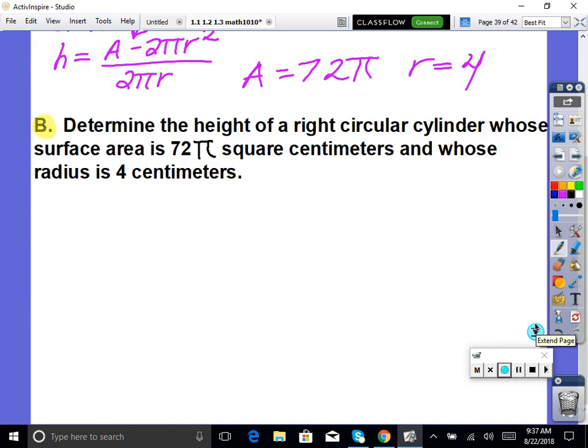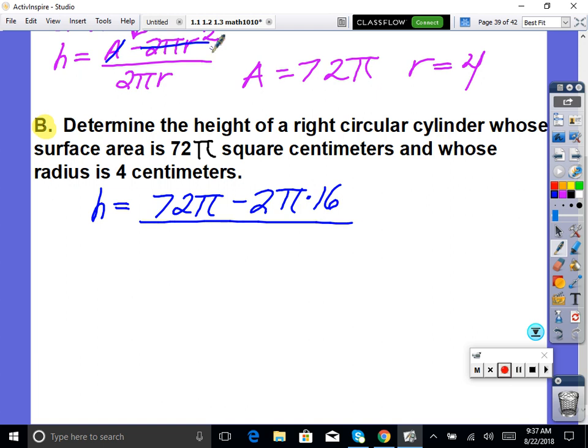So our height is equal to our area, which is 72 pi's, minus 2 pi times our radius squared. So 2 pi times 4 squared is 4 times 4. So can I just write times 16 without anyone being mad? And then that's divided by 2 pi times the radius, which is times 4.